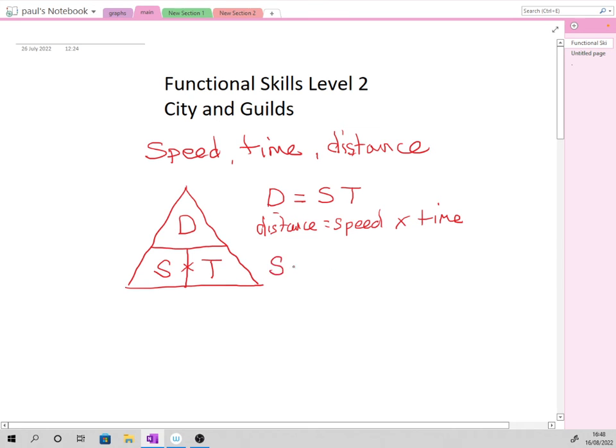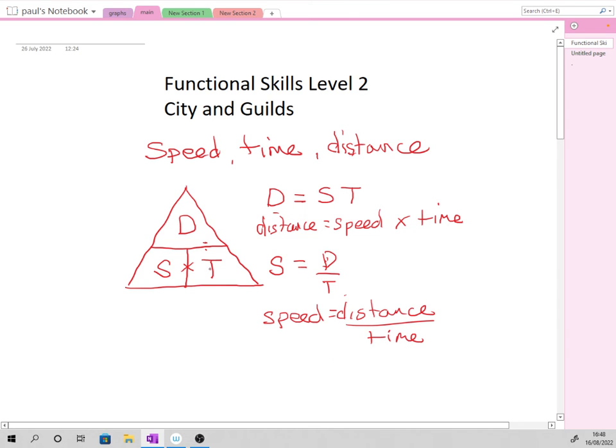The speed is equal to the distance, and this is a little divide sign, divided by the time. So the speed is the distance divided by the time.